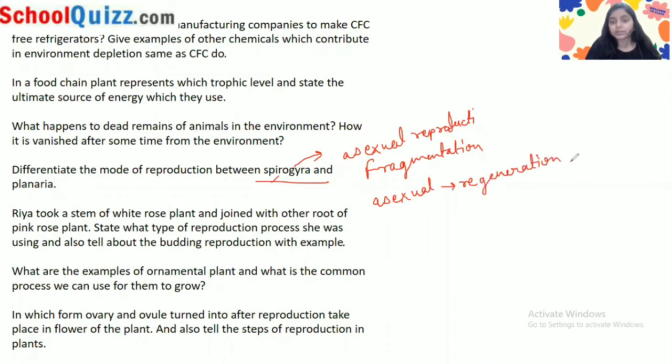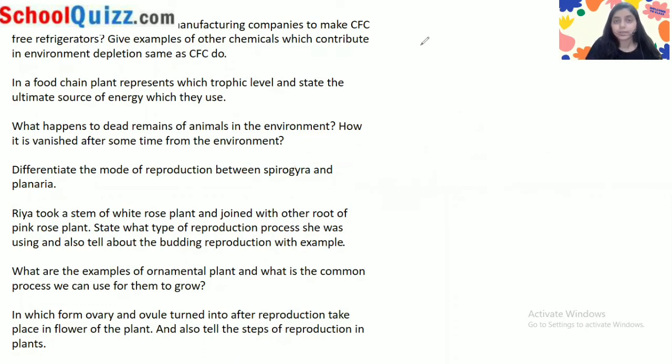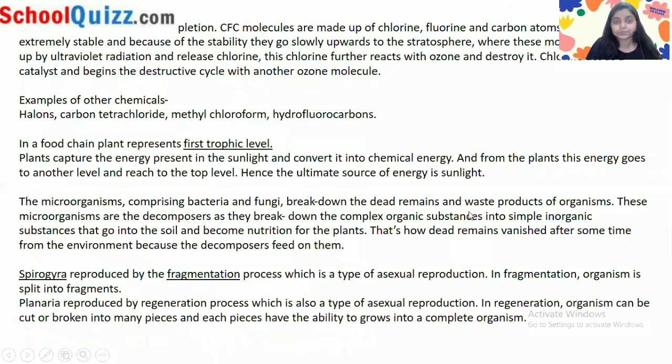So let's move to the answer directly. Spirogyra reproduces by the fragmentation process, right, which is a type of asexual reproduction. Firstly, you have to tell which reproduction works in Spirogyra.